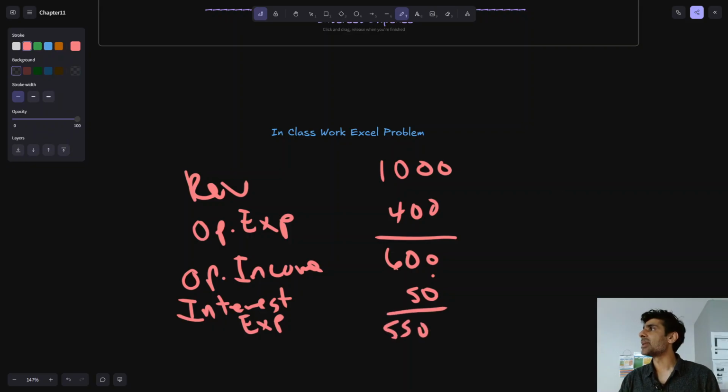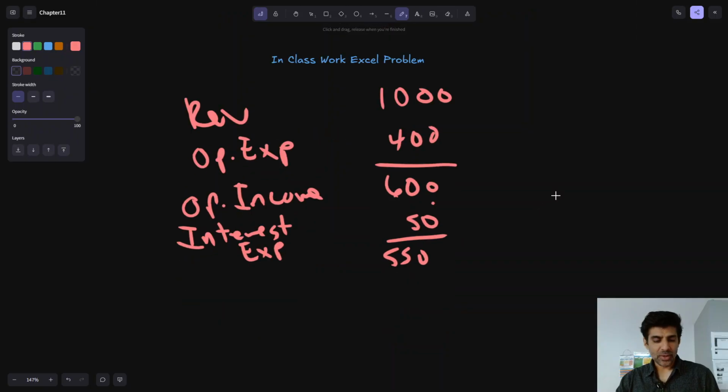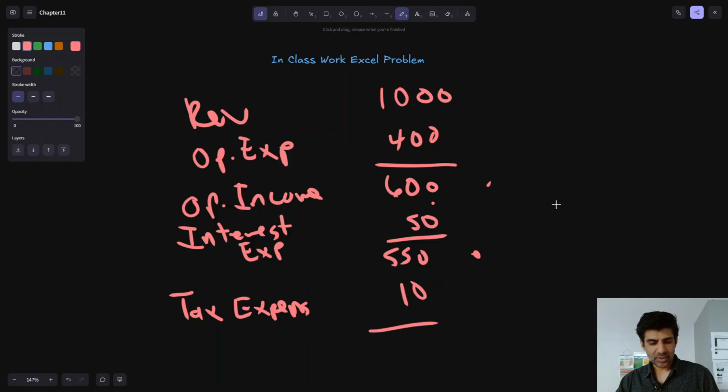Now, interest is tax deductible. Okay, so your tax expense is based not on your operating income, but on how much you earn after paying off your interest. Okay? And then you're going to have your tax expense. Let's say it's another 10. This gives you your net income.